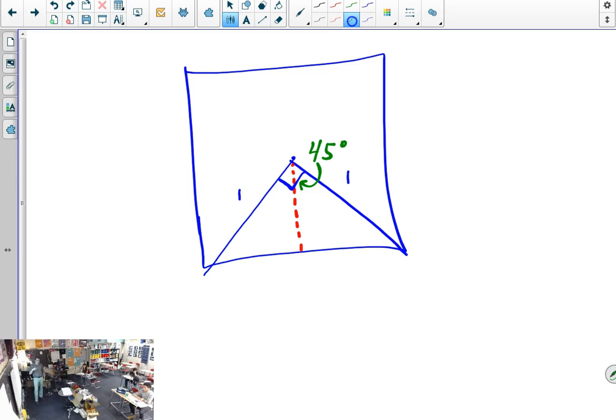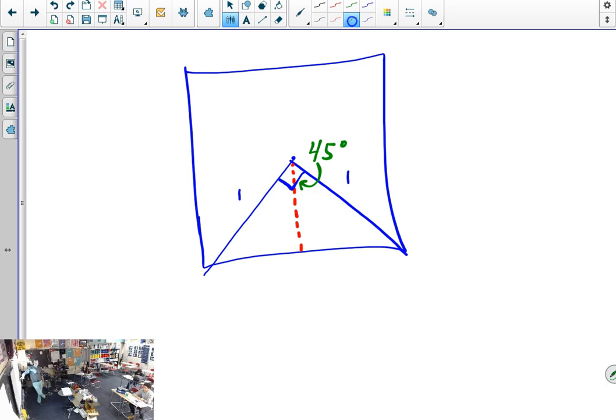How do the legs relate to the hypotenuse? Square root of 2. Which one's longer, the hypotenuse or the legs? The hypotenuse. So how do I get from the hypotenuse to the leg? You still use cosine equals adjacent over hypotenuse.